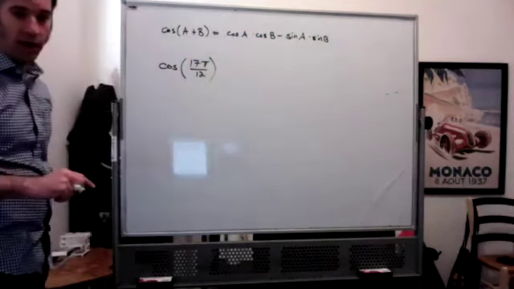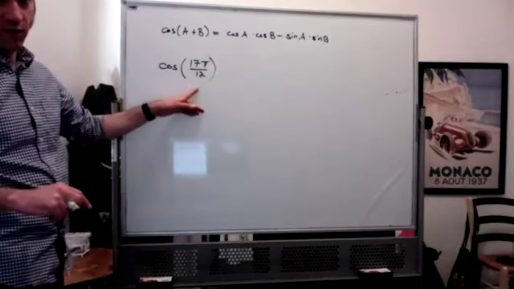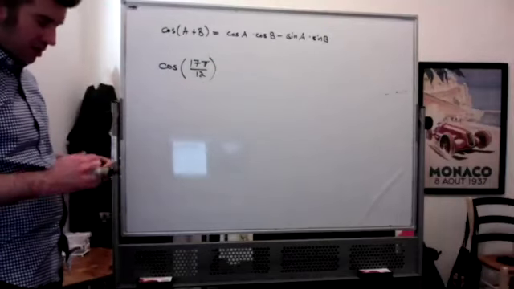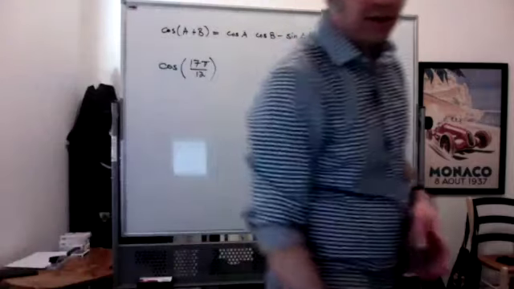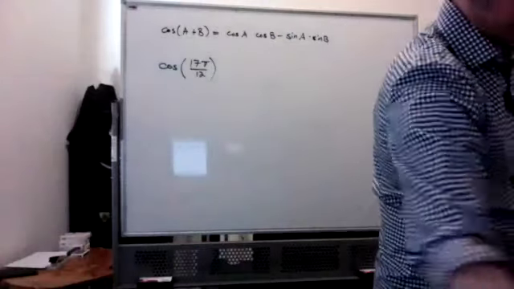Find two angles that add up to 17 pi over 12 and that both reduce to something over 4 or something over 3 or something over 6. So work on that for a minute.